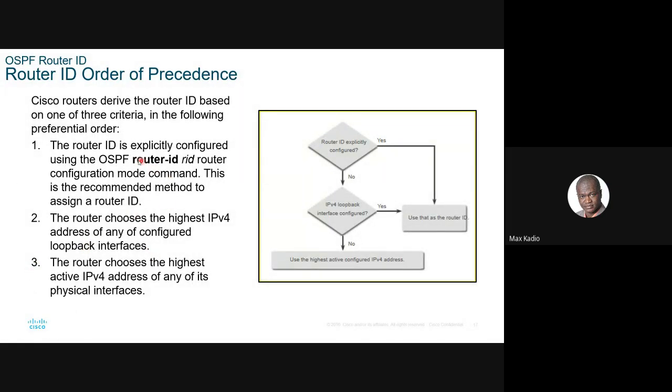First thing first, we can configure the router ID ourselves. Else, we can check the highest IP of the loopback address, or the router will choose the highest active IP address. So we're going to compare. We say, okay, hi guys, we don't have router IDs configured, we don't have loopback.